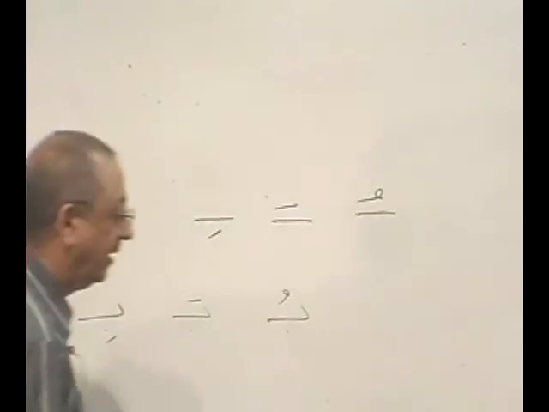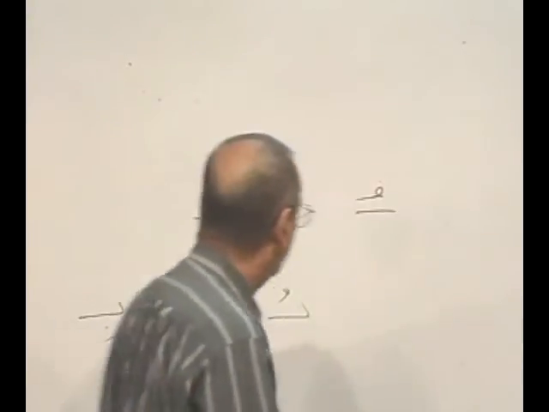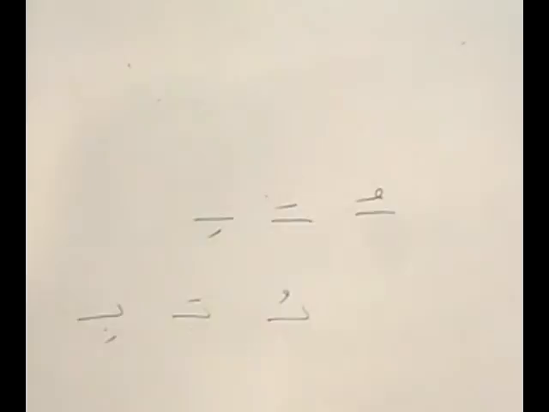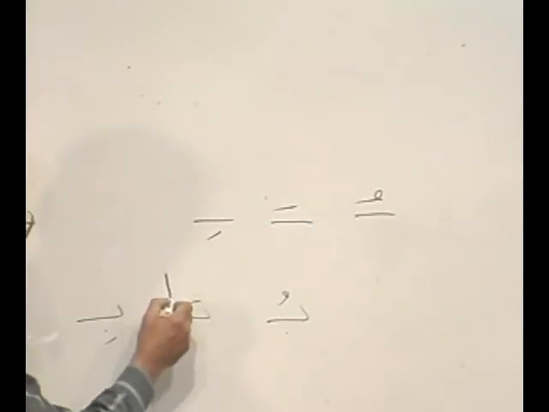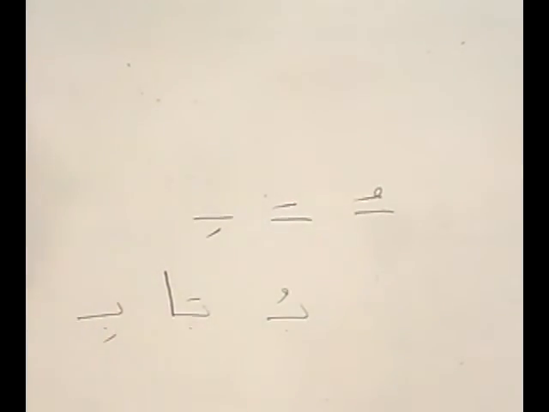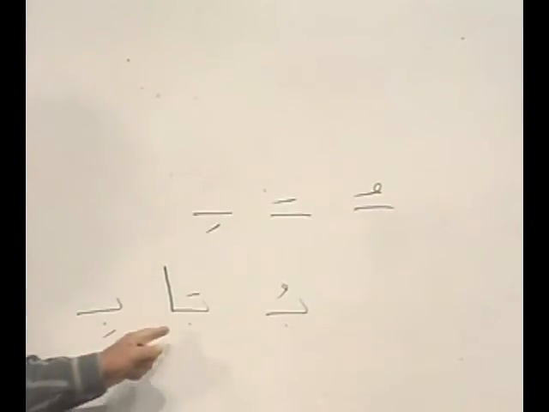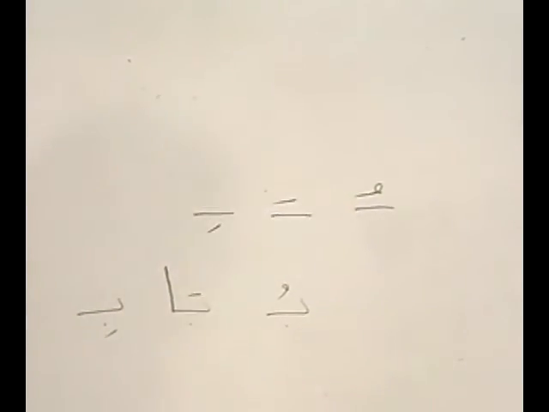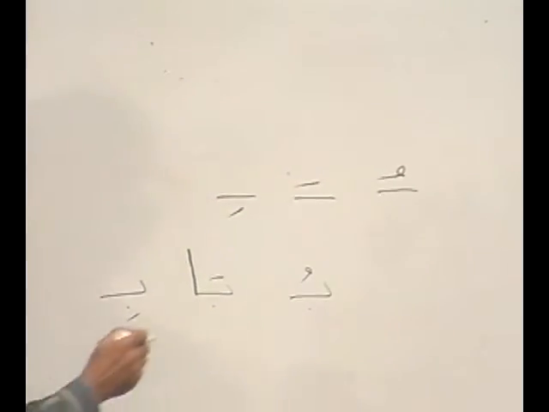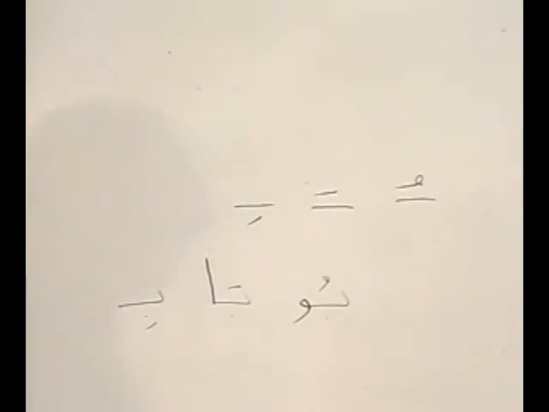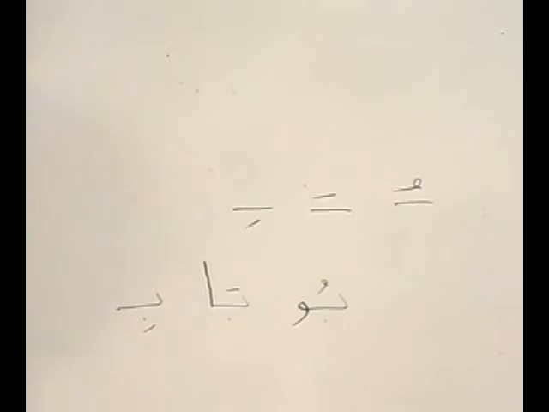Now in order to do elongation, I put here alif. Now you see, the job of alif is to elongate. Now this is ba. And then I put vav here, and it is bu. And if I put ya here, it is bi. Are you with me?